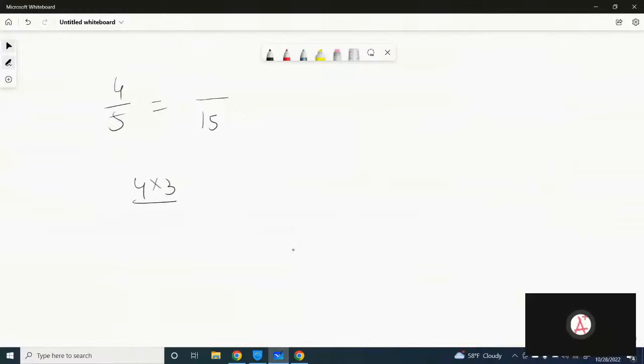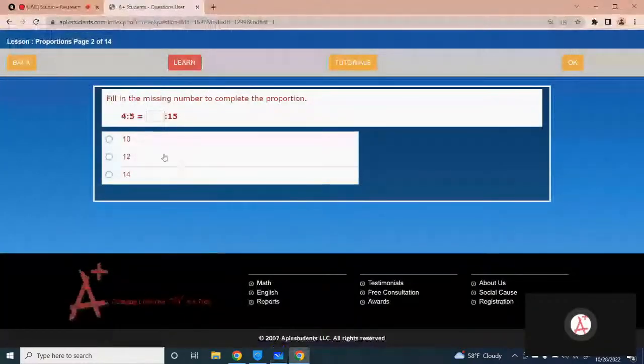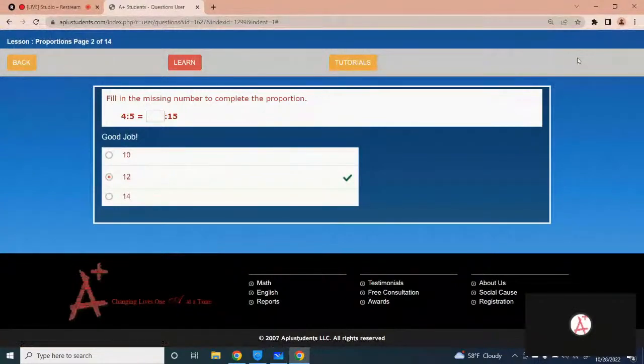So multiply the numerator and denominator by 3. So it would be 4 times 3 is 12 and 5 times 3 is 15. That means the missing number is 12. Got it? The missing one is 12. So select the correct option and then click on the OK button.